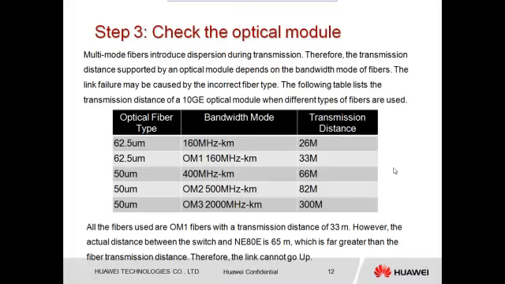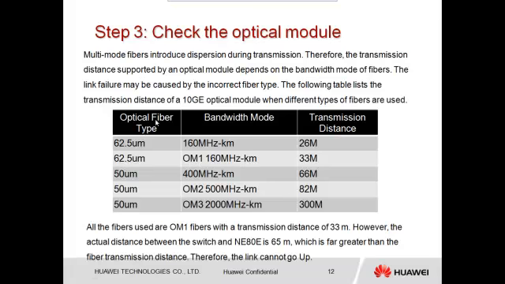Multi-mode fibers introduce dispersion during transmission. Therefore, the transmission distance supported by an optical module depends on the bandwidth mode of the fibers. The link failure may be caused by an incorrect fiber type. The following table lists the transmission distance of a 10 GE optical module when different types of fibers are used.